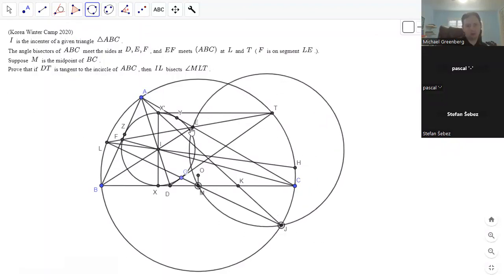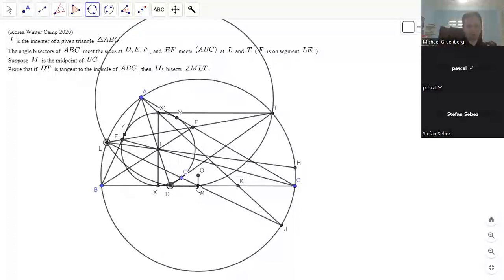Okay, I want to share some of my progress. Firstly, I can show this, and it is not too hard, just a bit of projective geometry, that LTMD is cyclic. And this doesn't even use the condition. So you don't need the condition that DT is tangent for this part. So we then have that angle MLT is just MDT.